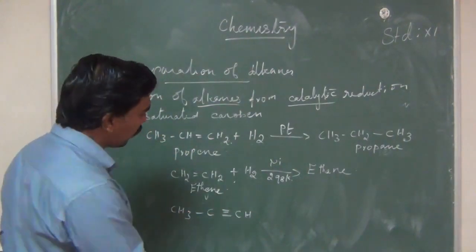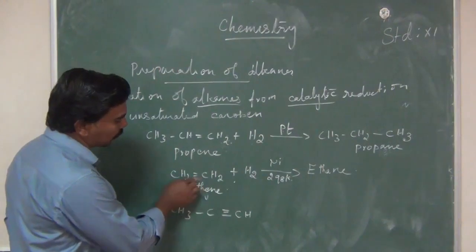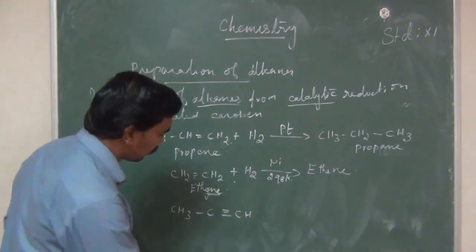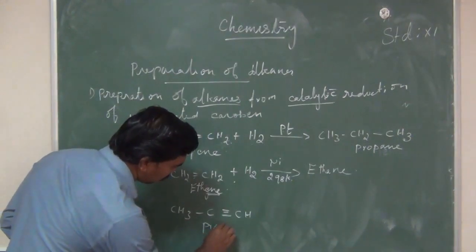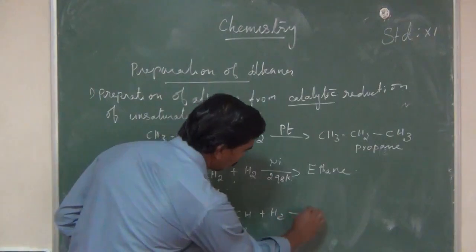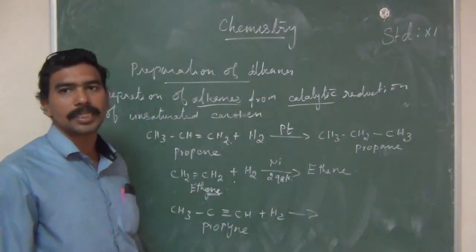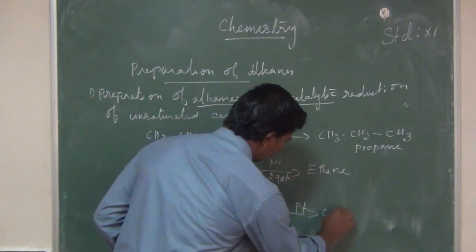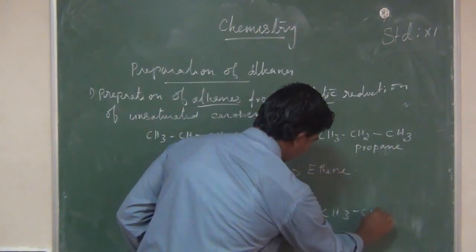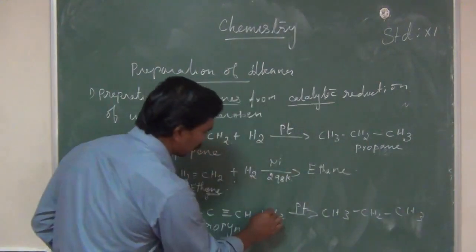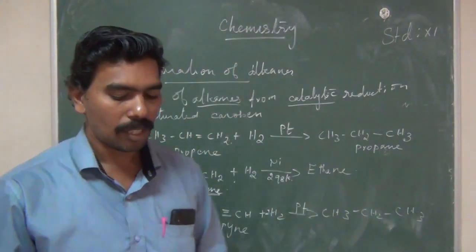The propene here has a double bond, the ene group, while propyne has the triple bond. With the presence of the platinum catalyst, CH3 will come, so 4 hydrogen atoms are added.